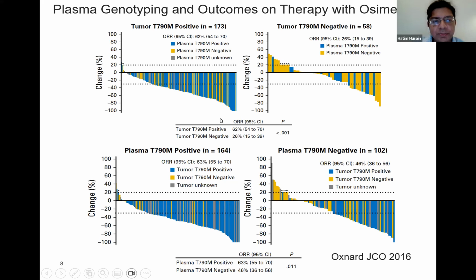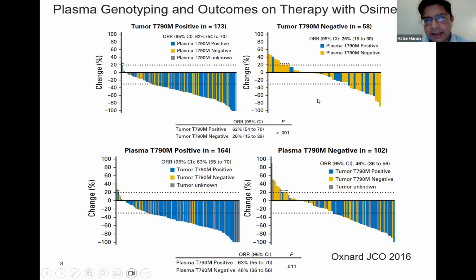And I think one important point here is that in tumor T790M positive, one could see in blue the plasma T790M positive.